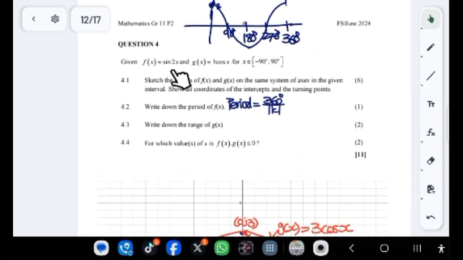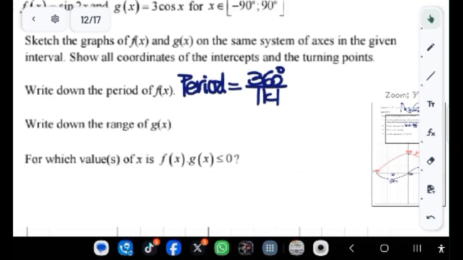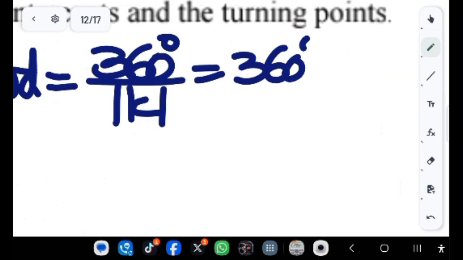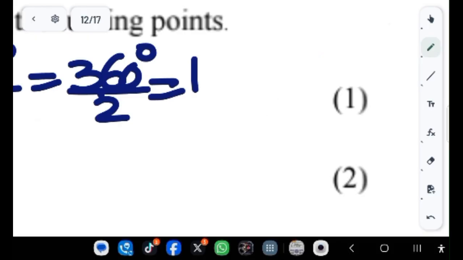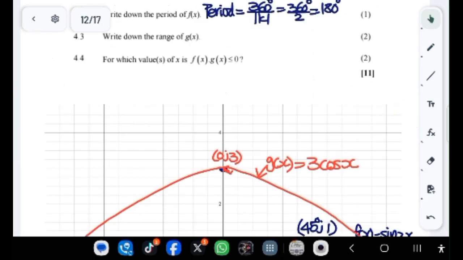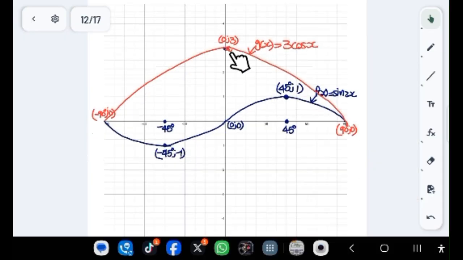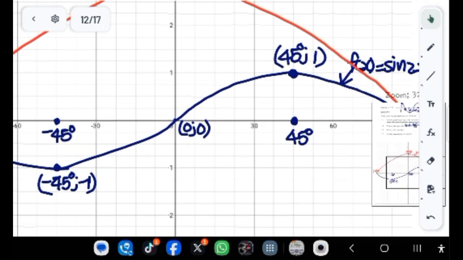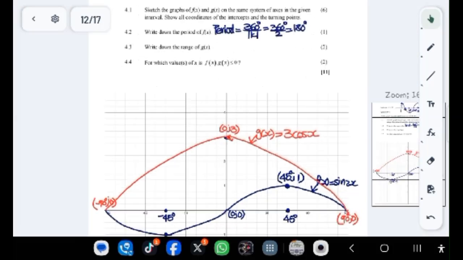The absolute value of k is 2, so that is 360 degrees divided by 2, that will be 180 degrees. That is the period, meaning that it takes 180 degrees for one complete cycle to be finished.